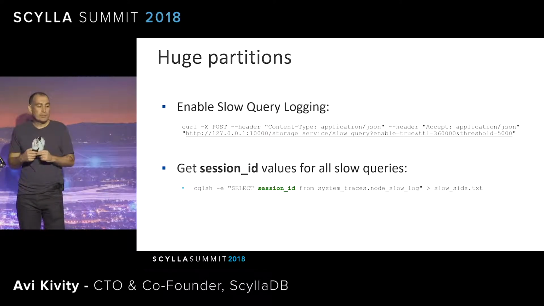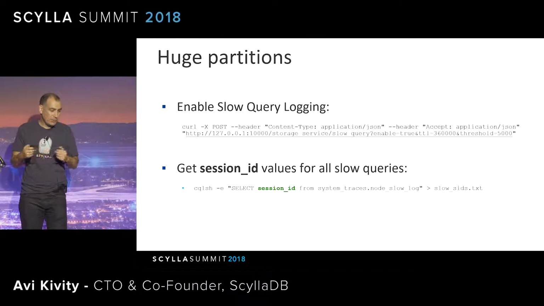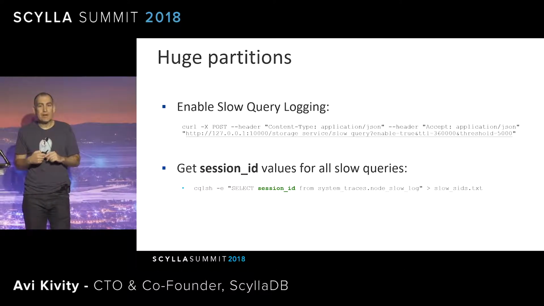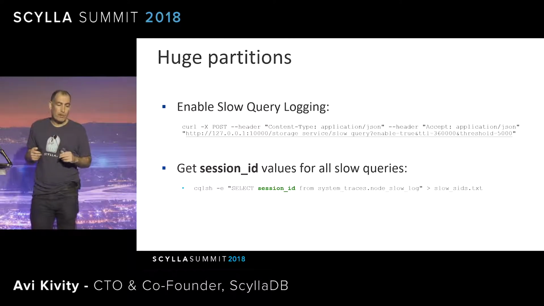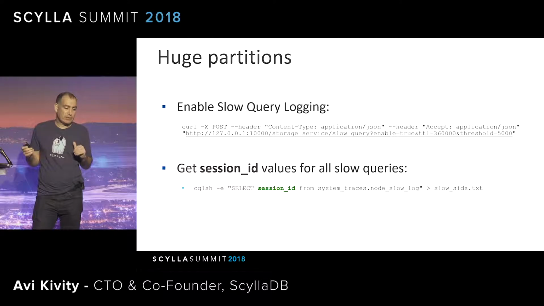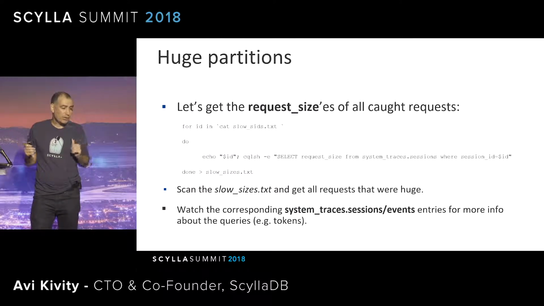Another tool that you can use for that is slow query logging, and here is a command for that. I guess we will need to improve that, but right now you can use a REST API to enable slow query logging. Then you can execute a query on the system traces keyspace, and from that you can see all of the sessions that participated in the slow query log.